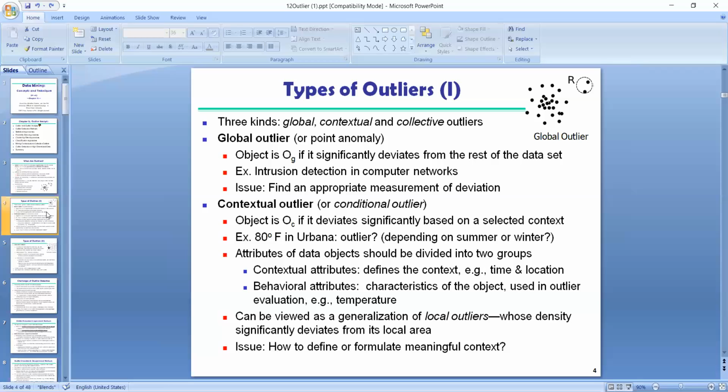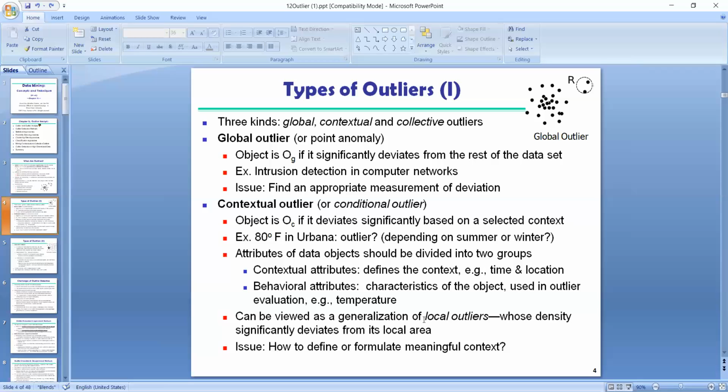There are two groups of attributes: contextual attributes and behavioral attributes. Contextual attributes define the context based on time and location. Behavioral attributes are the characteristics of the object used in outlier evaluation, for example, temperature. It can be viewed as a generalization of local outliers.